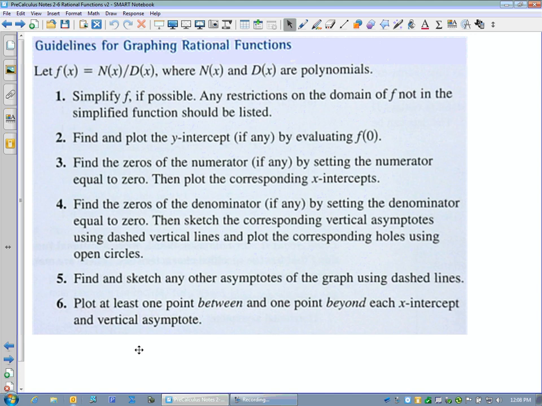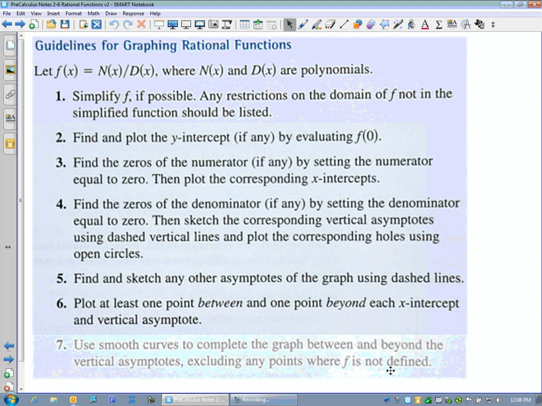Finally, using a nice smooth curve, we're going to complete the graph by going from those known points, and we're going to approach the asymptotes in the proper directions. We'll see that when we graph our next example. And of course, make sure not to plot any points where f is not actually defined. We can approach an asymptote, but you can't actually reach a vertical asymptote. You can't actually touch a vertical asymptote with your graph.